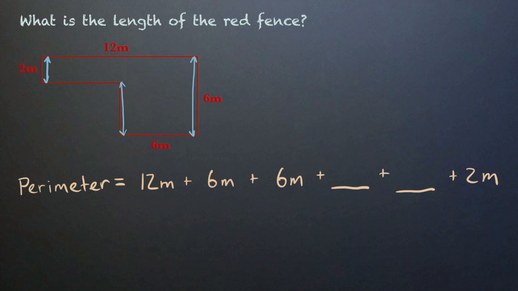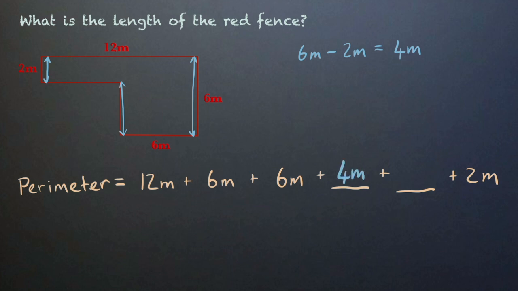So I'm going to start with this piece and then take away this piece, which is going to be equal to 6 meters take away 2 meters, which is equal to 4 meters. So we can put our 4 meters in here.